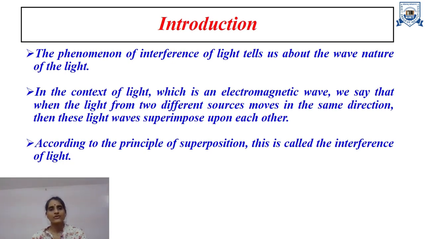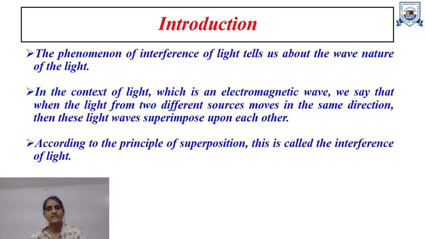So if we start with the introduction part, normally interference tells us about the wave nature of electromagnetic radiation, that is light. We say that electromagnetic radiation, that is light, behaves as a wave and also as a particle. Both natures of light cannot be observed in the same experiment.